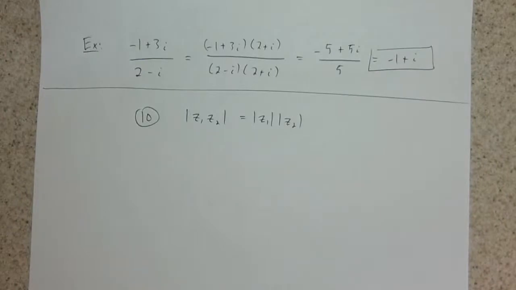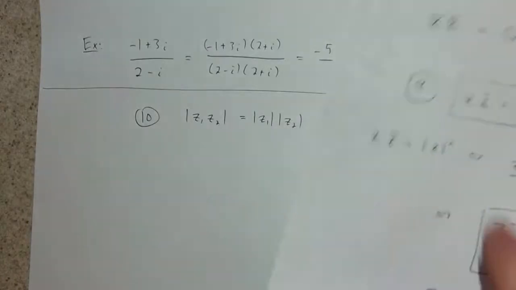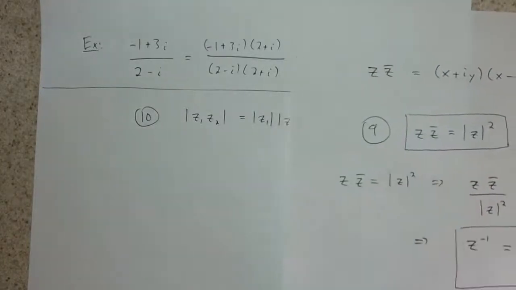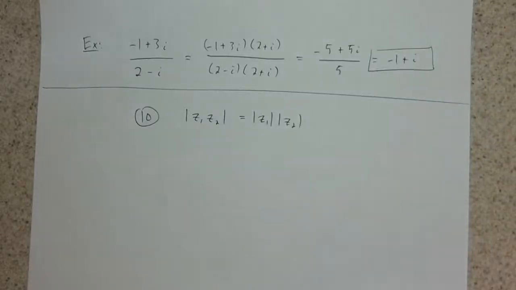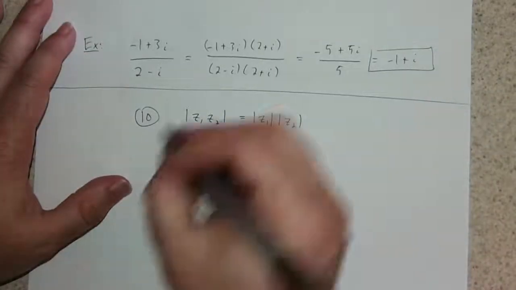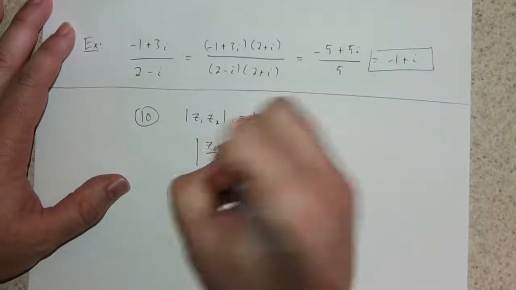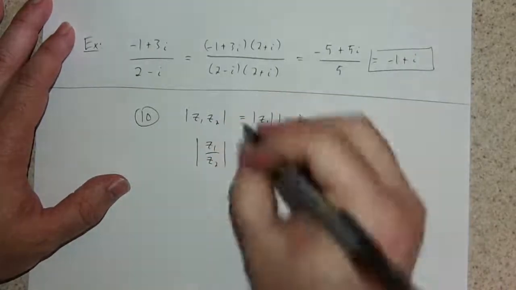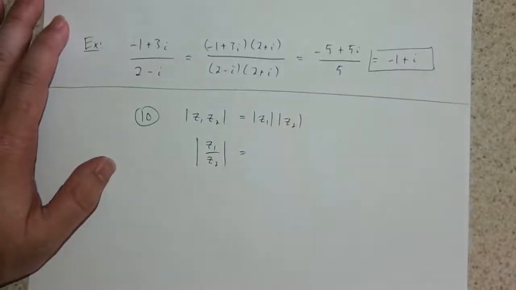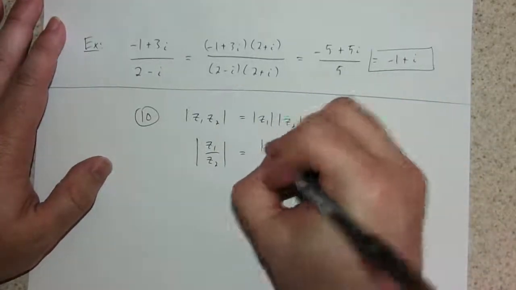Okay. Where does this come from? We can actually get it directly from this previous fact. What else is true? Well, I can apply the same reasoning here for quotients. The modulus of a quotient of z1 and z2 is the quotient of the moduli.